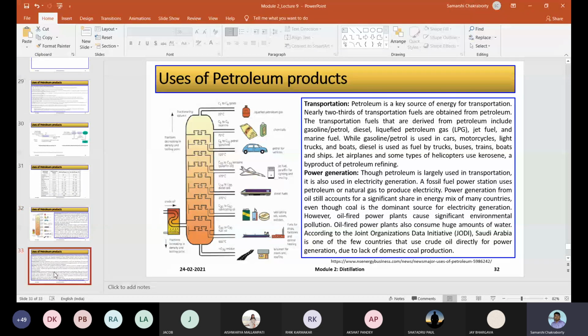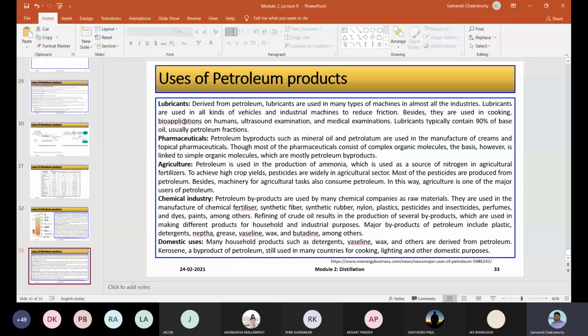Other than this, lubricants, I have already told you, you have to further process heavy vacuum gas oil, do solvent extraction and dewaxing, then we come up with lubricating oils.